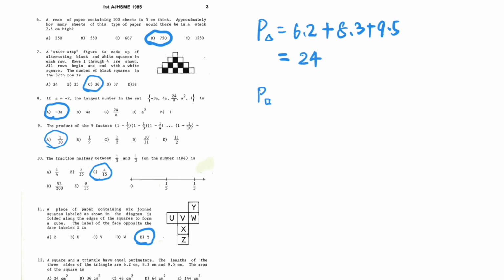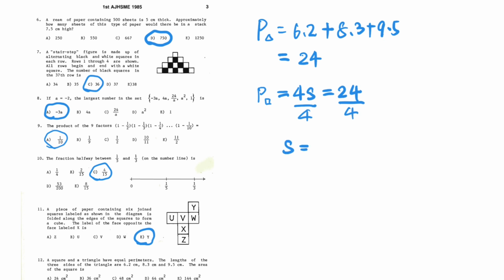The perimeter of the triangle equals the perimeter of the square. Square perimeter equals 4 times side length, equal to 24, the triangle perimeter. Solve this equation. We divide both sides by 4.